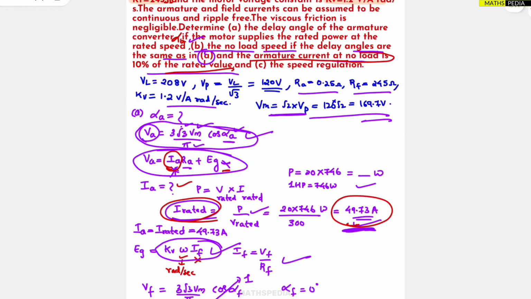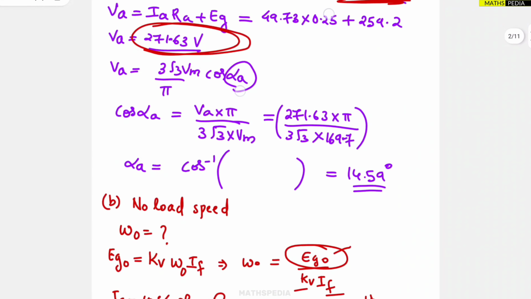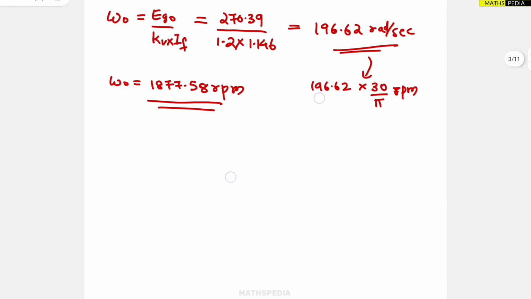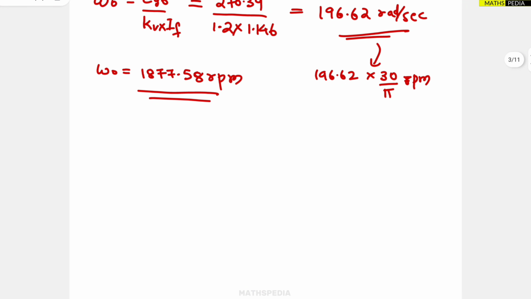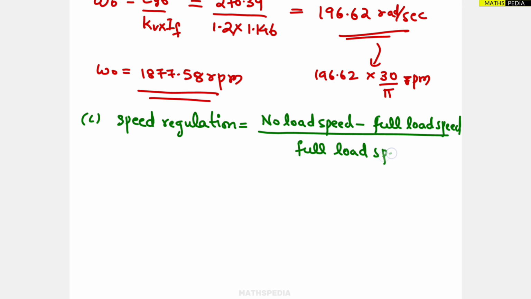Now we go for the third part of this question, speed regulation. What is speed regulation? It is no load speed minus full load speed, divided by full load speed. No load speed we just calculated: 1877.58 minus the full load speed.